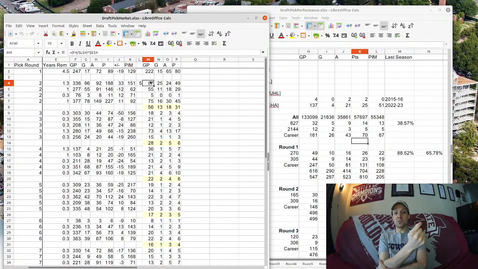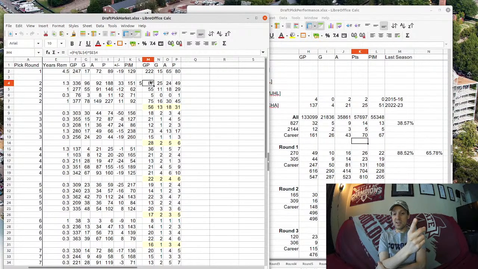So if anything, you would want to underestimate the value of the player to then match the likely value of the draft pick. Yeah, and so anyway, that's the reason for it.